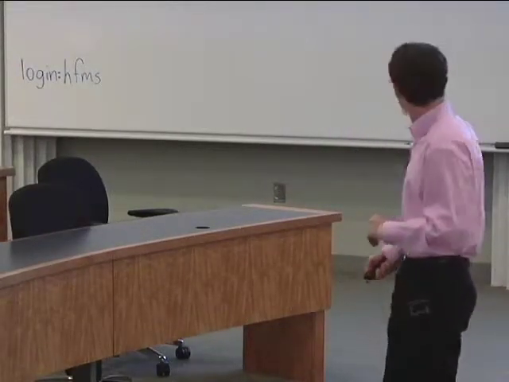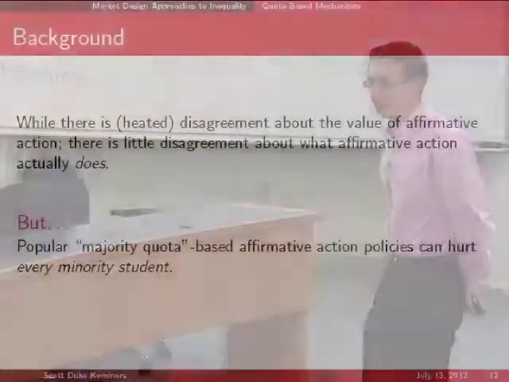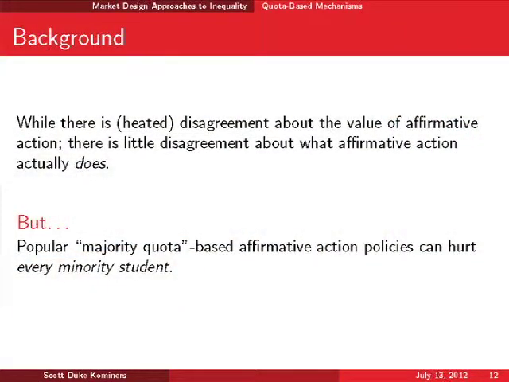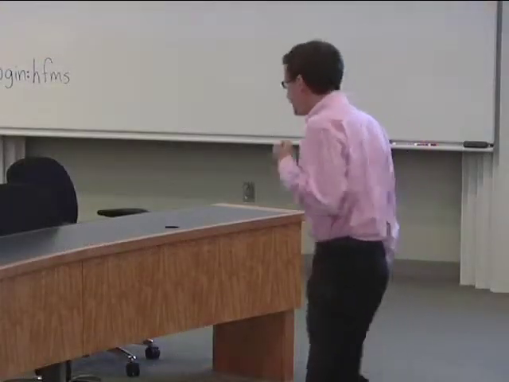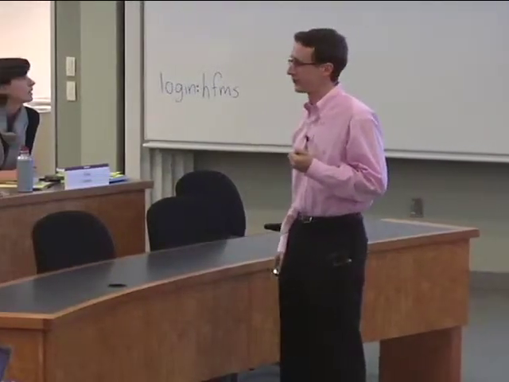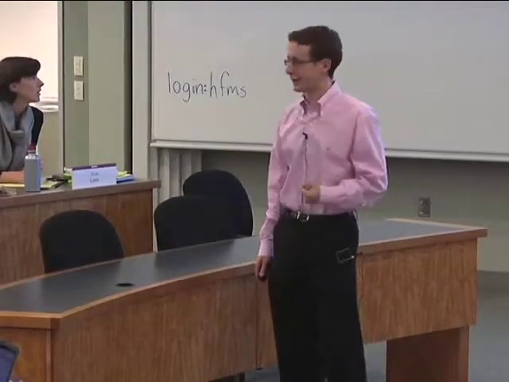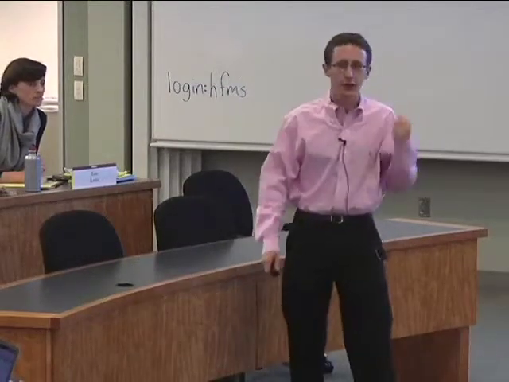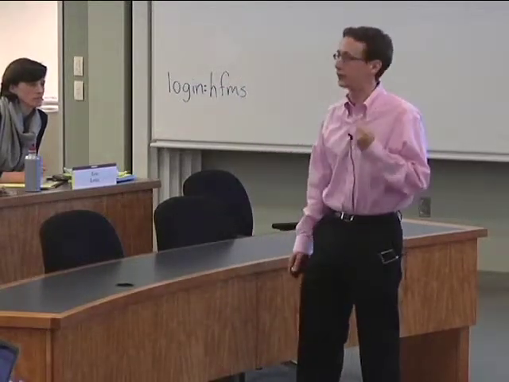Okay, so fact. The popular majority quota-based systems, where you set a quota for the majority students and say you can't have more than this number of the majorities at the school, actually don't work. So it's not necessarily the case that they will benefit all the minority students. They might, in fact, hurt all of the minorities. And moreover, they may be Pareto inferior to the solution without majority quotas.